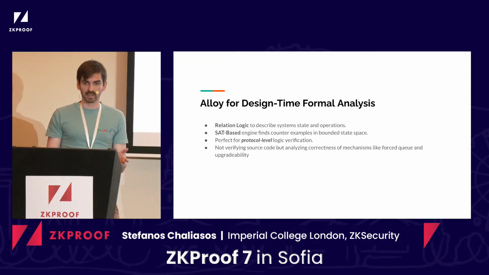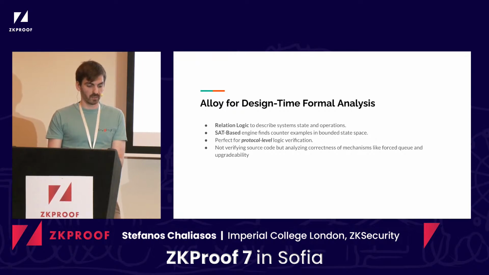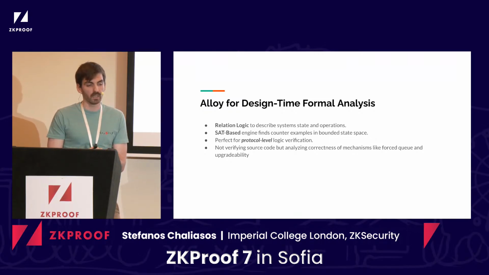So what is Alloy and why do we use it? Alloy is basically a first-order relational logic that is useful to describe system states and operations. It has a SAT-based engine that finds counterexamples in a bounded state, meaning that basically it performs bounded model checking.